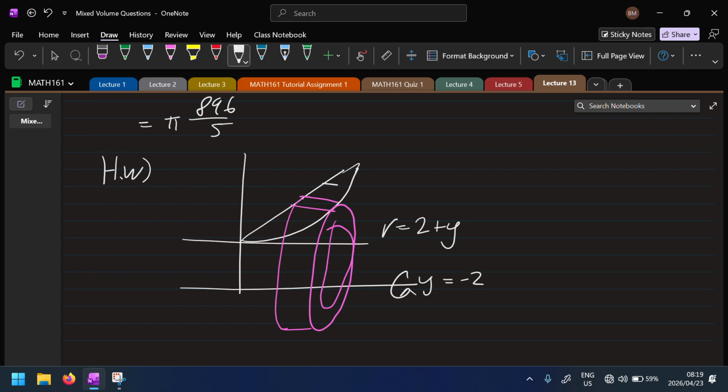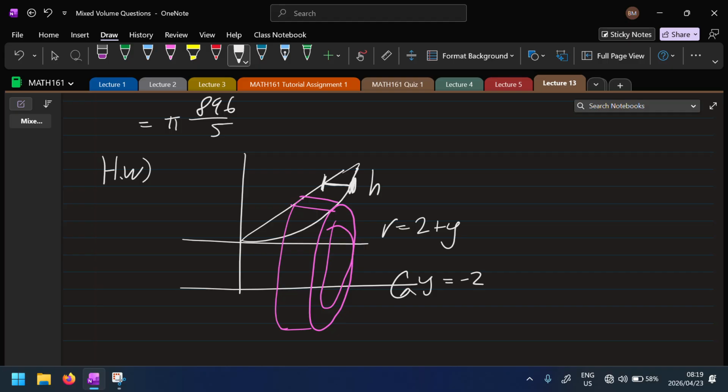This distance here, that will be the height. So you need to take the parabola function minus the straight line to get that horizontal distance there. So you've got your radius, you've got your height. We got the y values from before. Okay, so try this shell method for homework. See if you get the same answer.